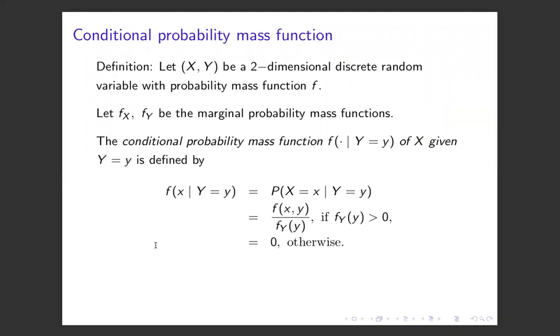It is defined in a formal fashion as the joint probability mass function f_XY at this x and this y, divided by the marginal f_Y at y, provided the denominator is positive, and it is given to be 0 otherwise. So that is the definition.